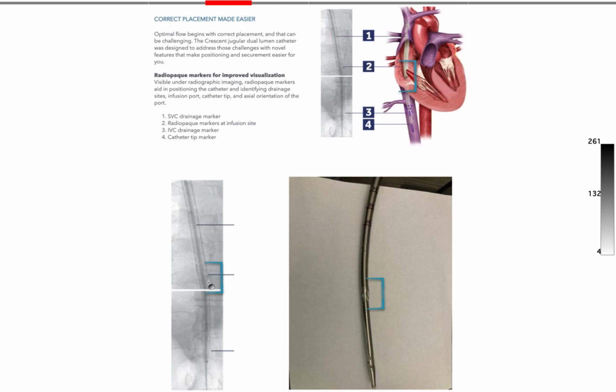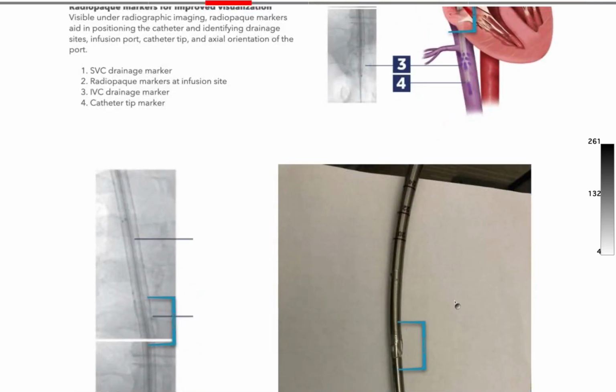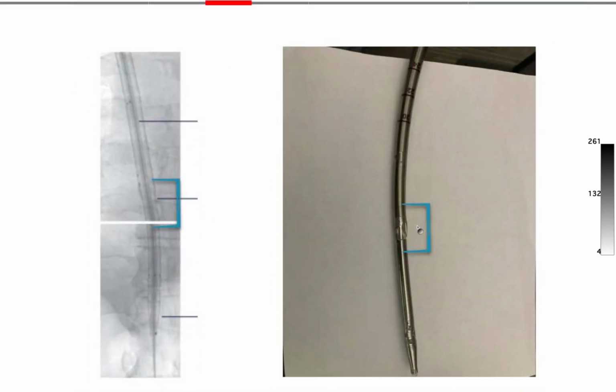The return or reinfusion port, in this animation you can see the blood coming back, is located, of course, between the two. The reinfusion port is this right here. So we have markers 2 and 2, but as I'll show you in a moment, at the level of this reinfusion port, 3 little black dots mark the site.